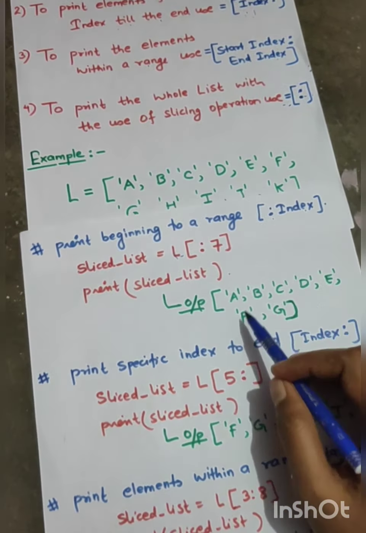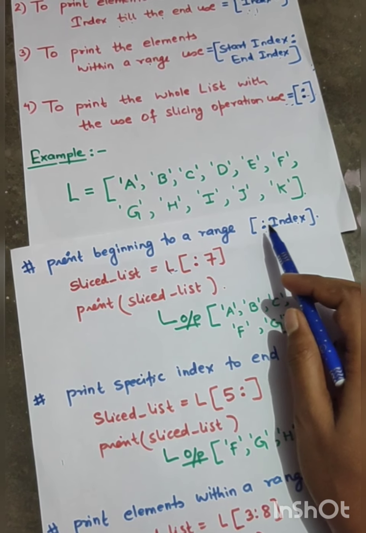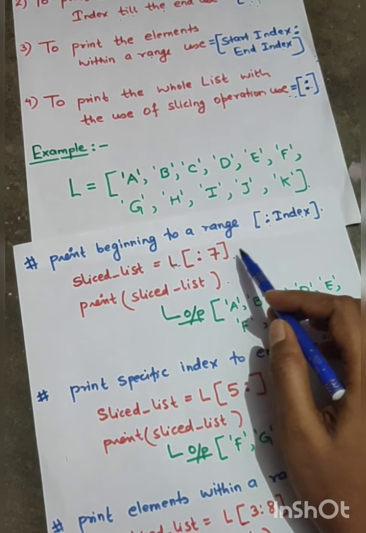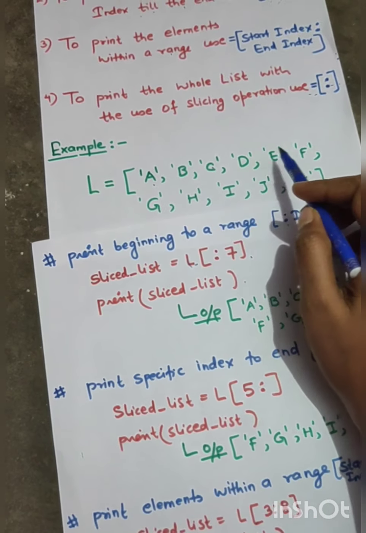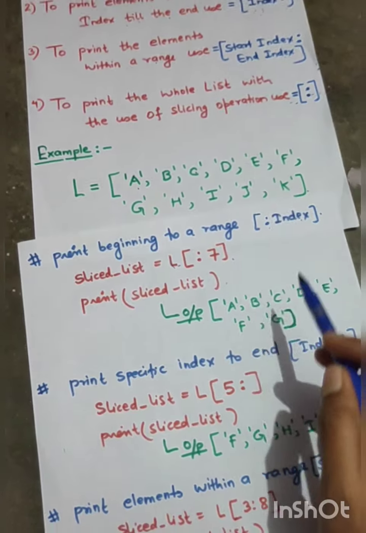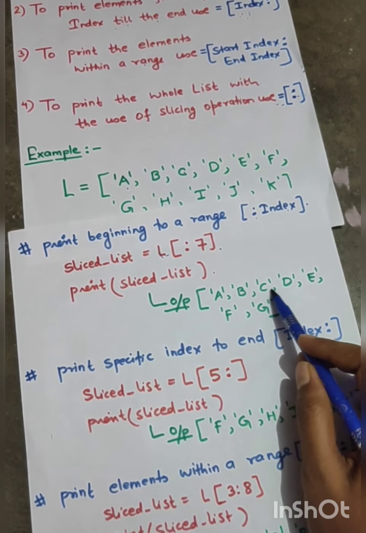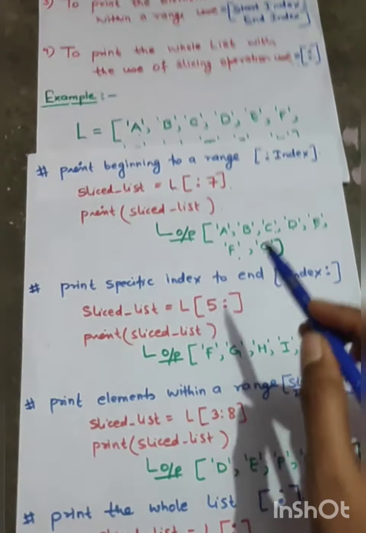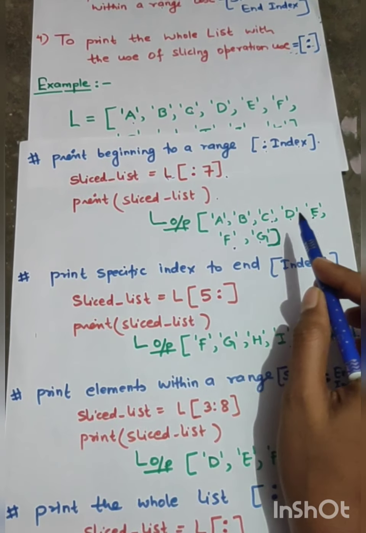If I want to print from 0, the beginning, to an index, then I am using colon 7. It will go 0, 1, 2, 3, 4, 5, 6, 7. So from start to end minus 1 it will print. What is the output? A, B, C, D, E, F, G. Because in the case of slicing, at the end it will go n minus 1.